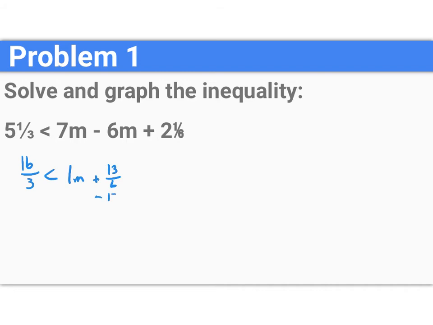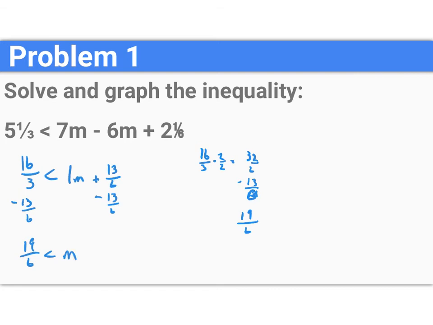So I subtract 13 over 6 from both sides. And then 16 over 3 times 2 over 2 gives me 32 over 6 minus 13 over 6, which gives me 19 over 6. So 19 over 6 is less than m.